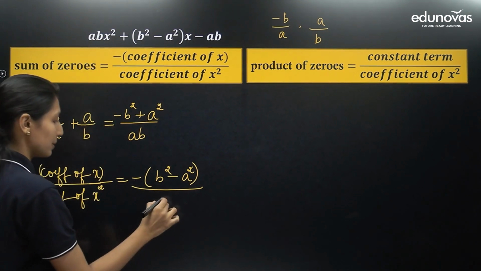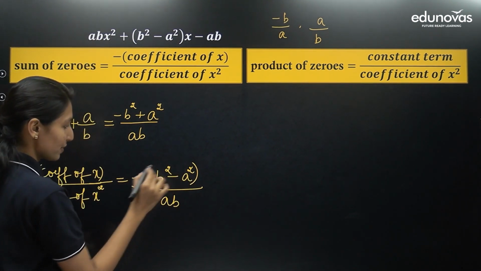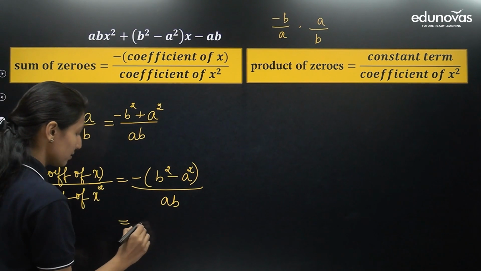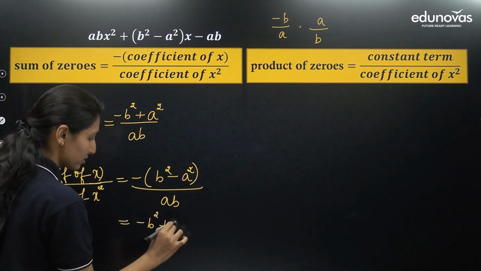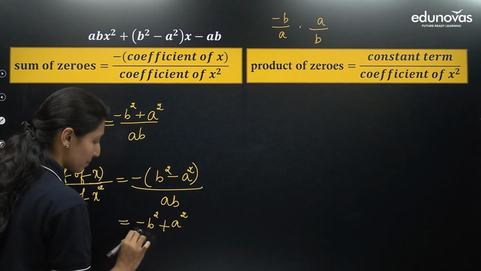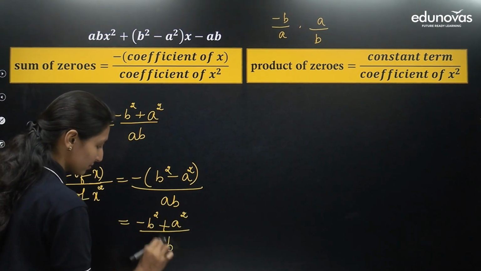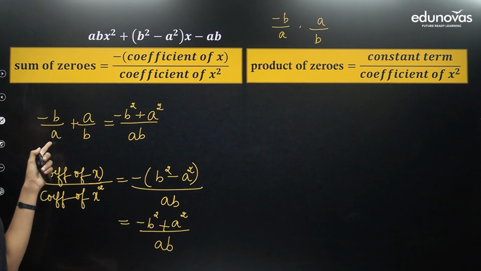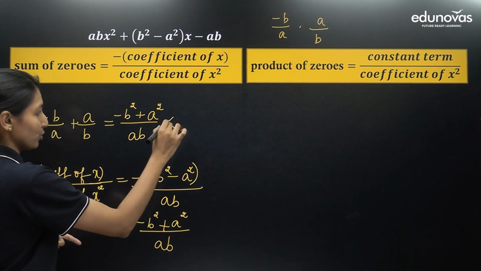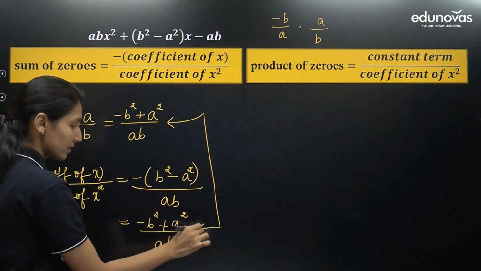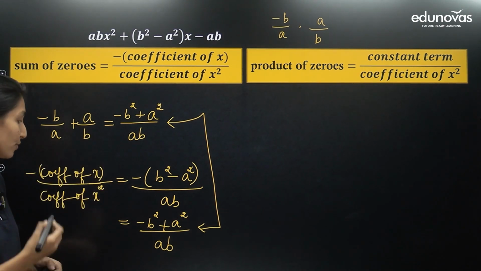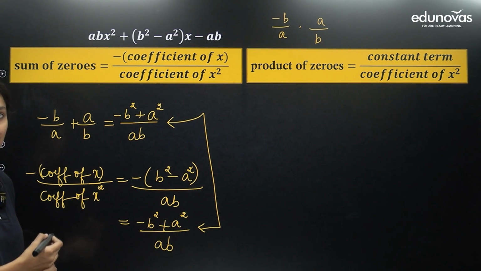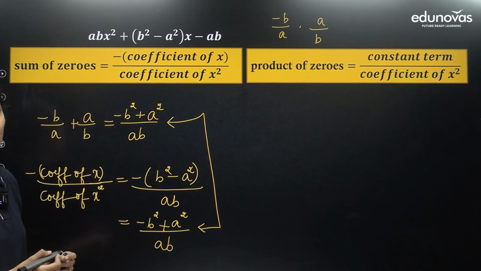It is ab. Simplify this. This is nothing but minus b square, minus into minus is plus a square, by ab. Therefore, the sum of the zeros is the same as the negation of the coefficient of x by coefficient of x square. Hence, we verified the first relation.